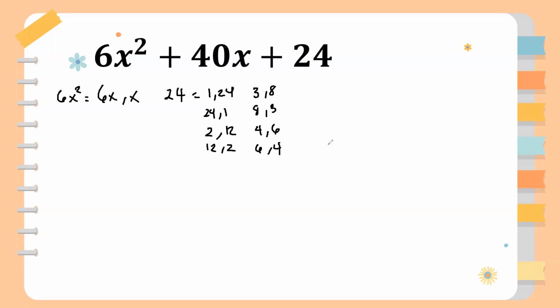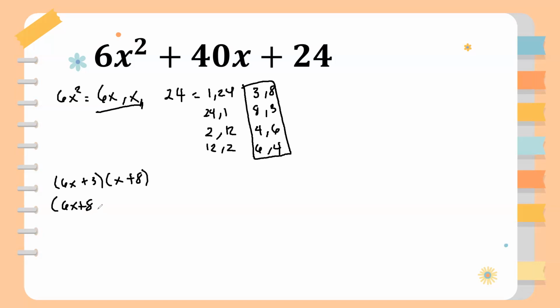Okay, sige, itatry natin itong nandito. Let's try these values. Ito na yung kukunin nating first term. Tandaan nyo na po yan. So we have 6x plus 3 times the quantity of x plus 8. 6x plus 8 times the quantity of x plus 3.